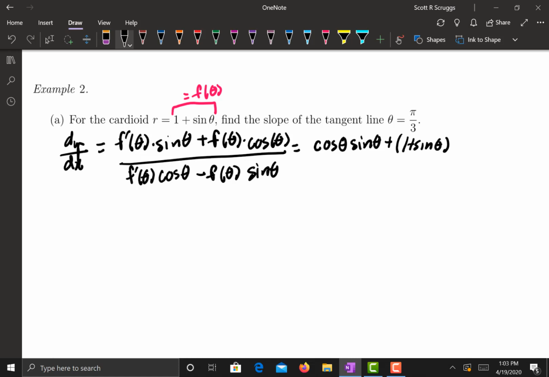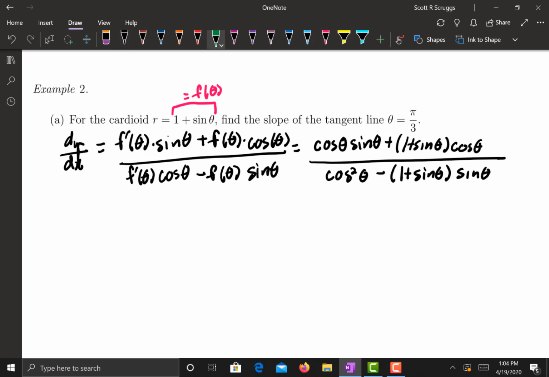So I'm going to substitute in 1 plus sine of theta times cosine of theta. And then I repeat the same work below. I'll have cosine times cosine, so I'll get cosine squared of theta. And then I'll have 1 plus sine of theta times sine of theta.